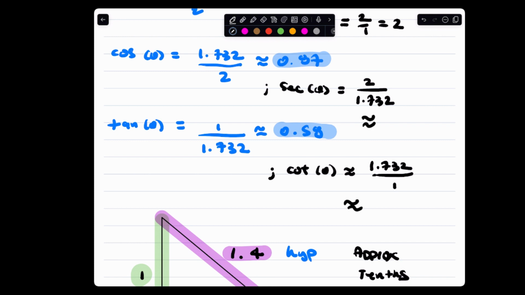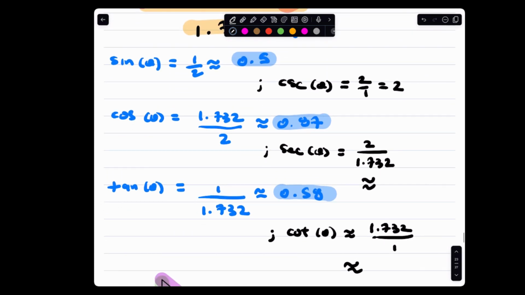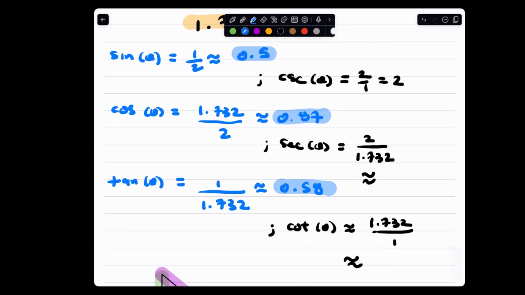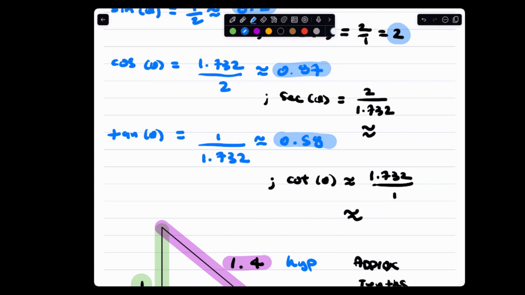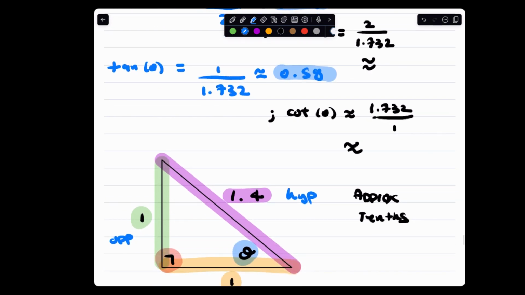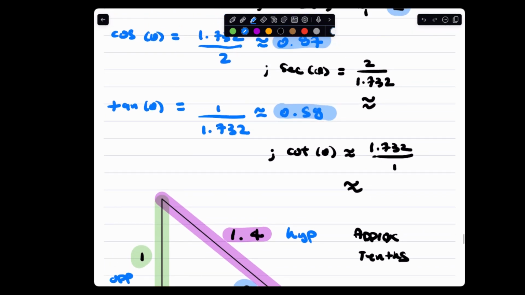Okay, so let's get these answers. What do you guys think? This one is already okay. We know it's 2. We just flip the fraction over. Now we need 2 divided by 1.732 to the hundredths, and we need 1.732 divided by 1. I know what that is. Well, let's use the calculators. Maybe you guys don't know.